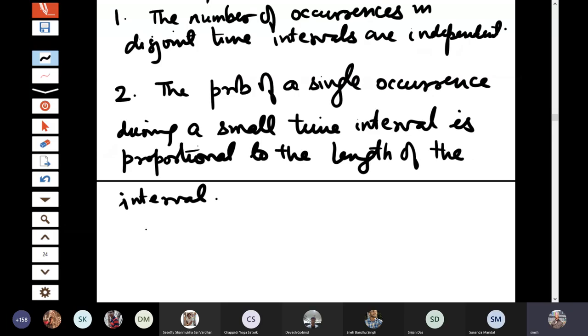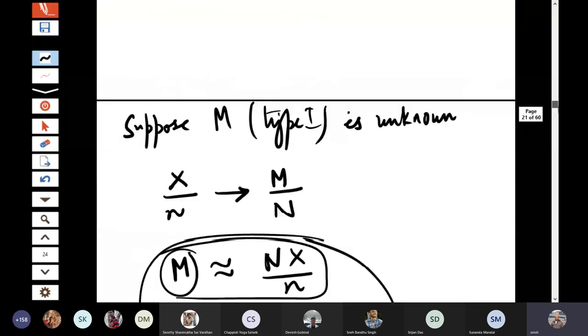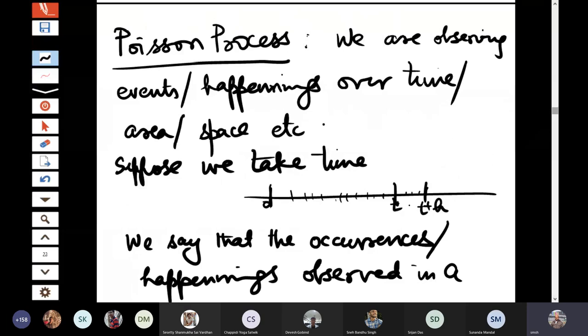Suppose I say X_h is the number of occurrences in an interval of length h. For example, I made this graph, so here t to t plus h. In this interval, I take h to be small.